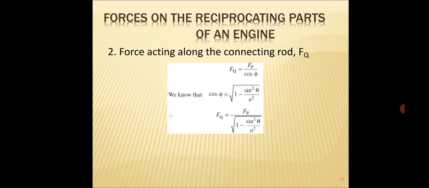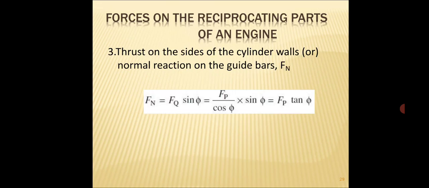The second one is the force acting along the connecting rod, that means Fq. The formula is Fp divided by cos phi. We know that cos phi is equal to root of 1 minus sin square theta divided by n square. So the equation is Fq equal to Fp divided by root of 1 minus sin square theta divided by n square.